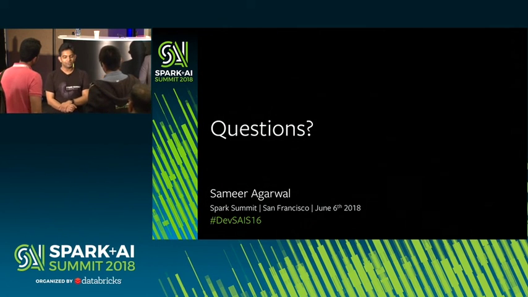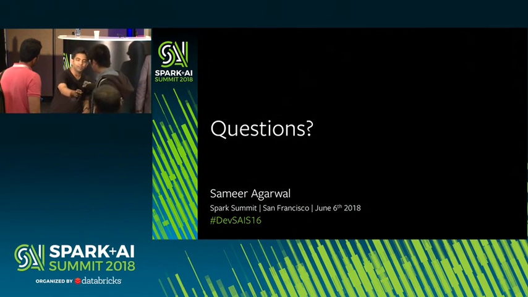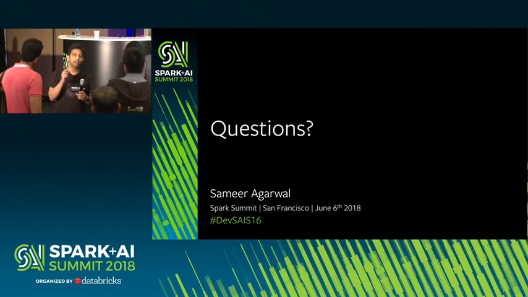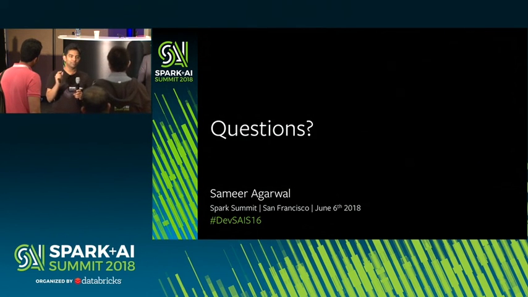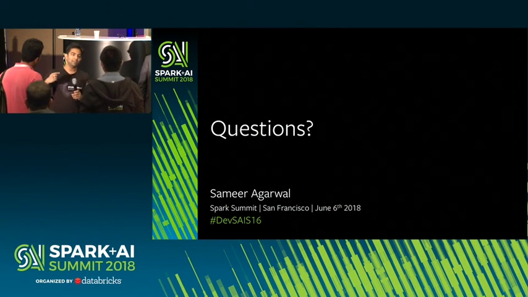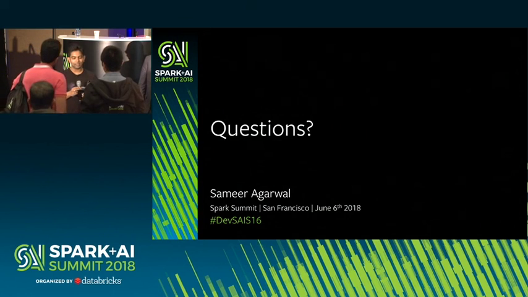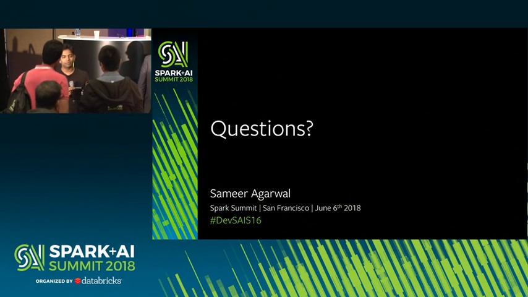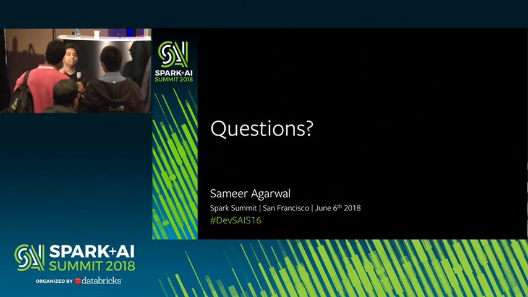If I understand the question correctly, you're asking that continuous processing right now does not support aggregates, and what's the plan around that? The reason continuous processing did not support aggregates to begin with is that getting low latency for a stream of events trickling in made less sense for aggregates as opposed to selections and projections.